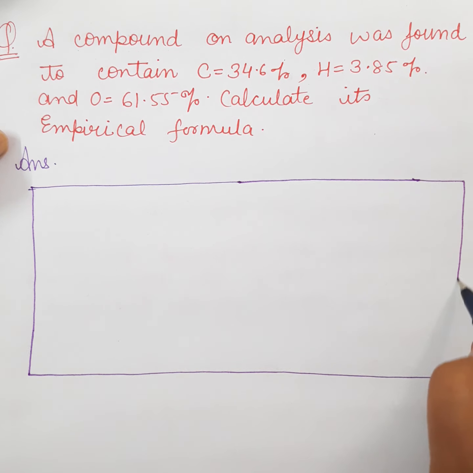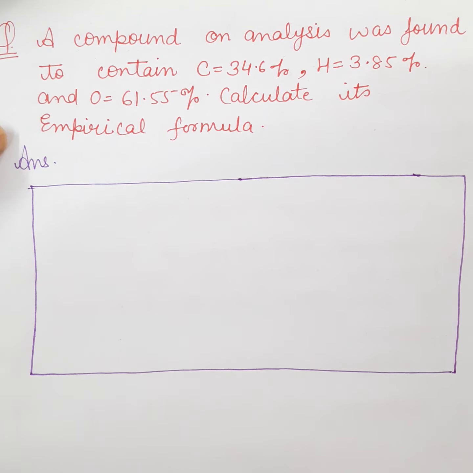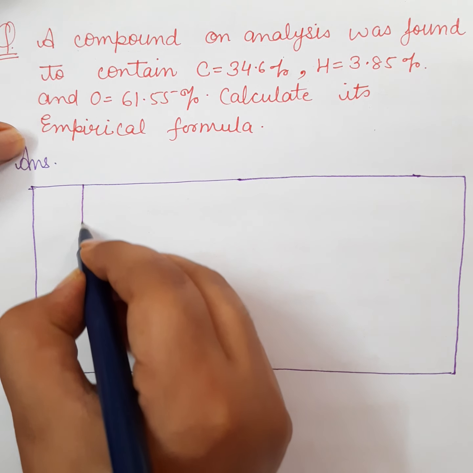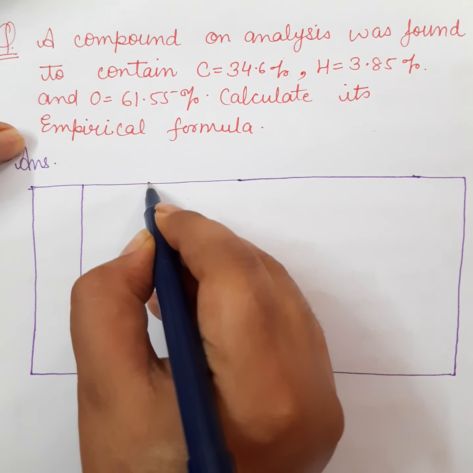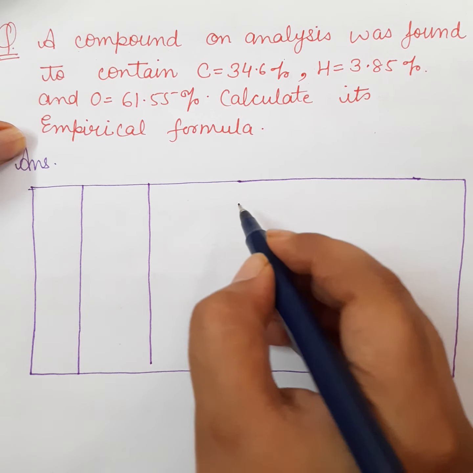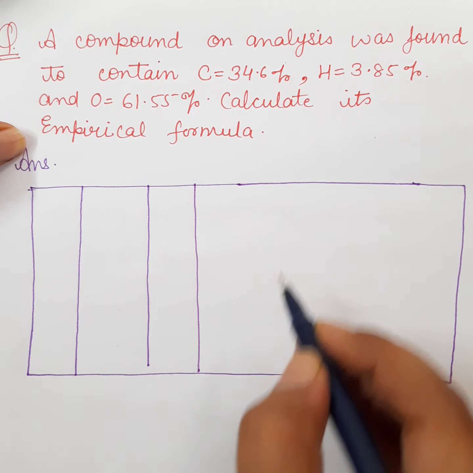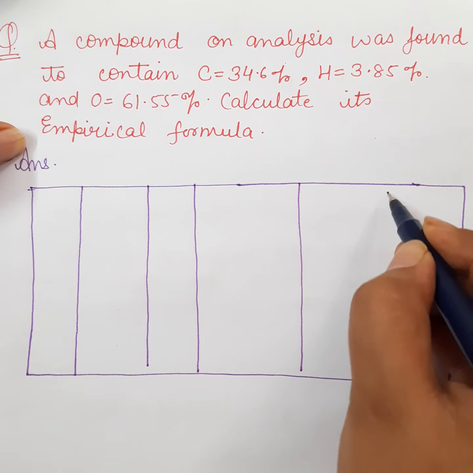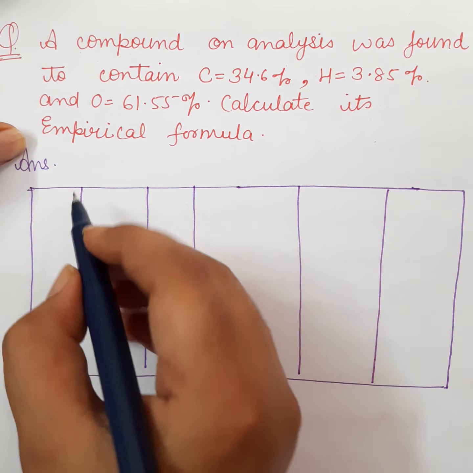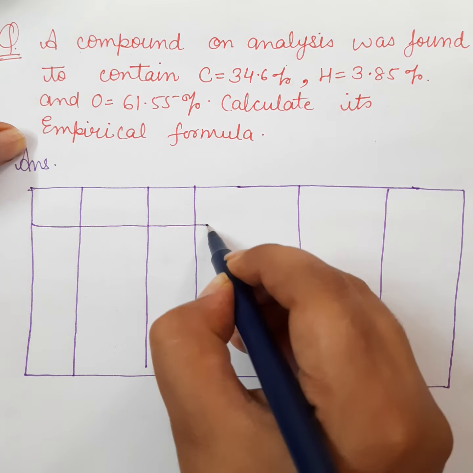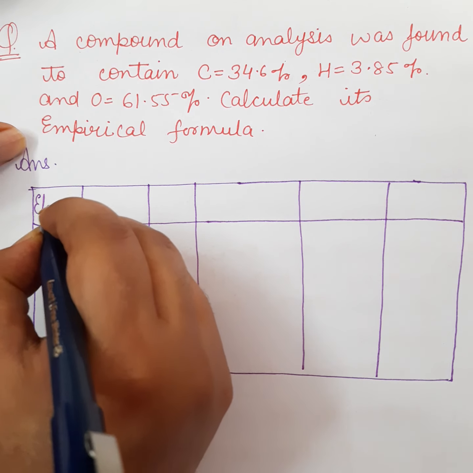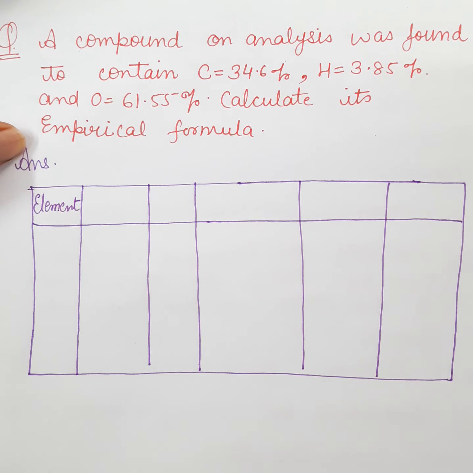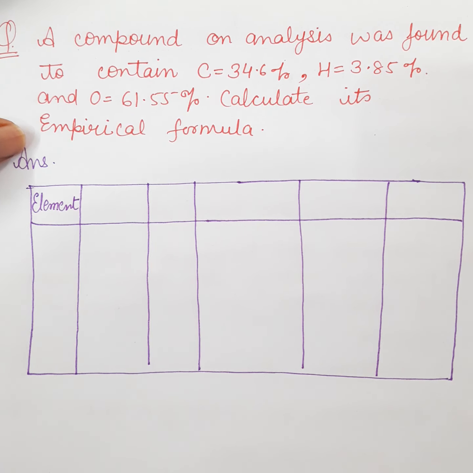Okay, you also have to make the table in the same way. The first column, after that there are 6 columns. This column is for element. There are 3 elements given to us in the question: carbon, hydrogen and oxygen.